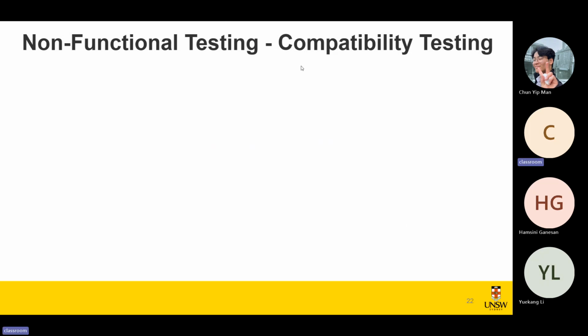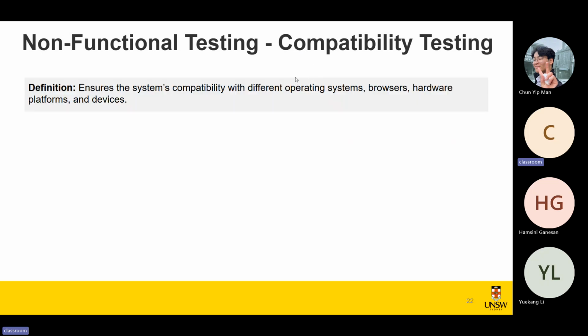And another metric here is called compatibility testing. Compatibility testing is to ensure the compatibility between different components of the system and between the software system and the context or the environment it is running in.